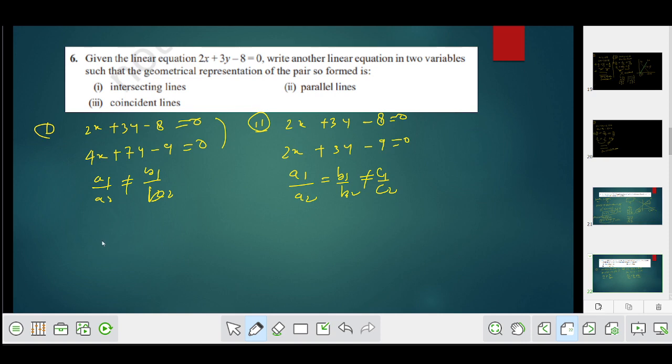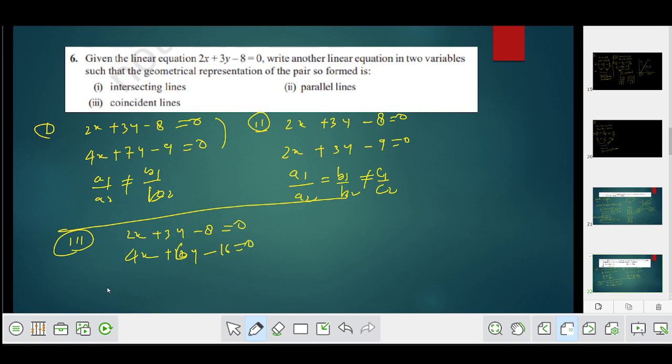And third, coincident line, that means overlapping each other. Then 2x plus 3y minus 8 equal to 0, and 4x plus 6y minus 16 equal to 0.